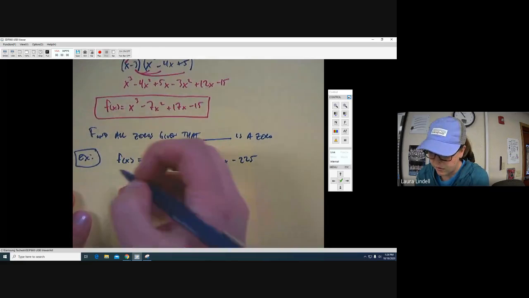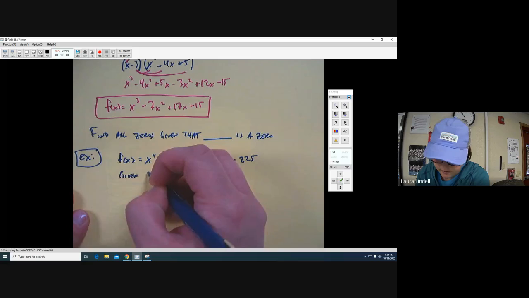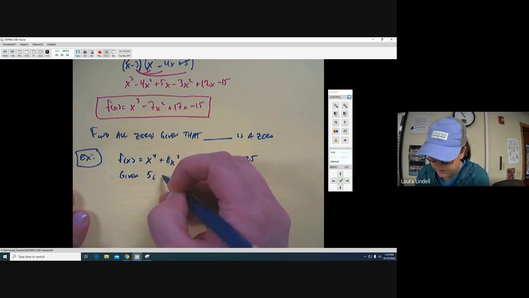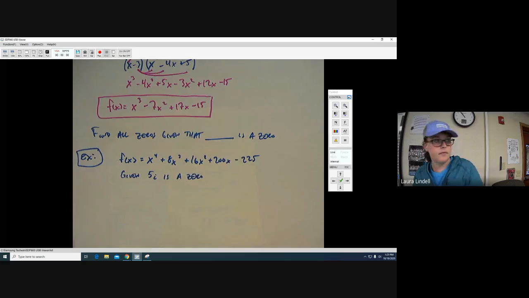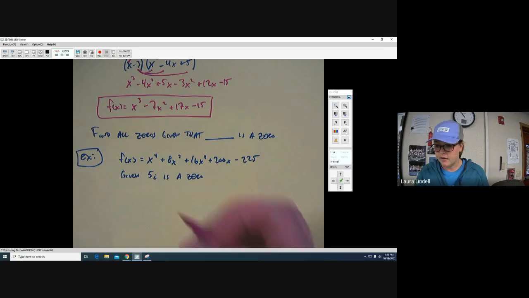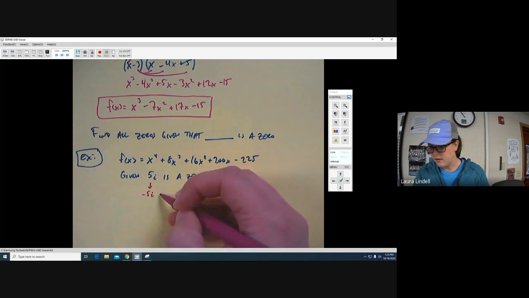And we are going to be told that 5i is a 0. Okay. So the first thing we have to notice, if 5i is a 0, then negative 5i is also a 0.